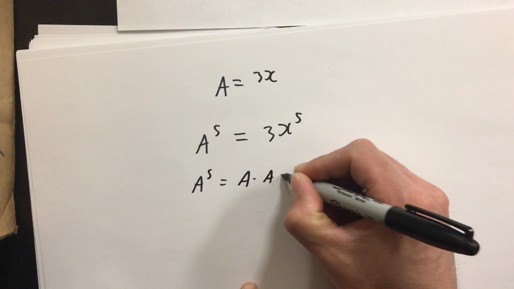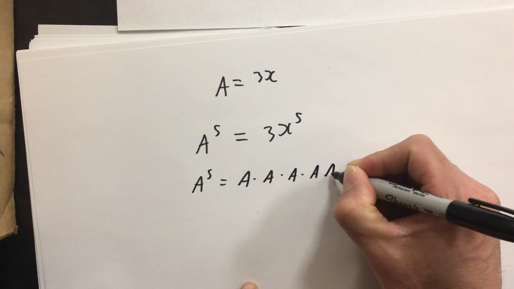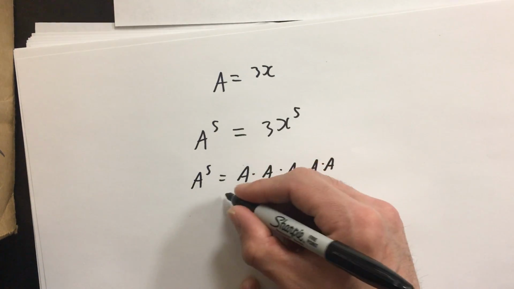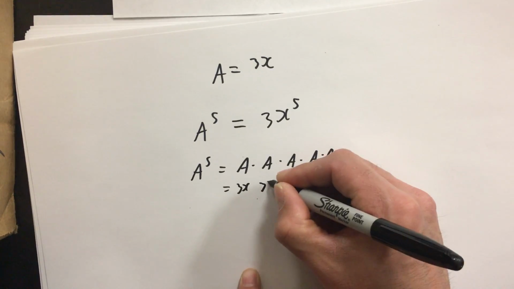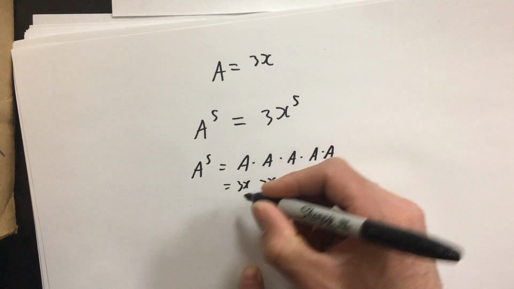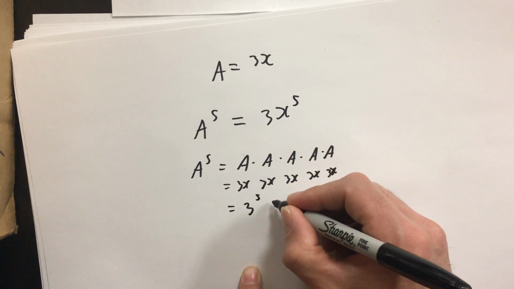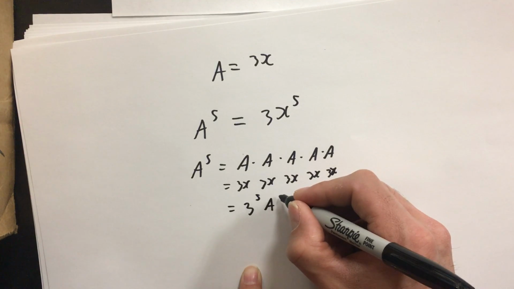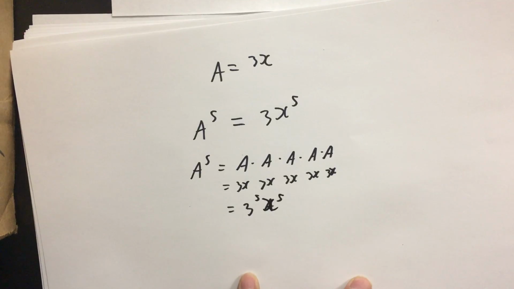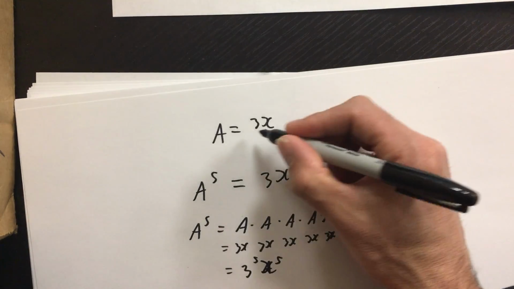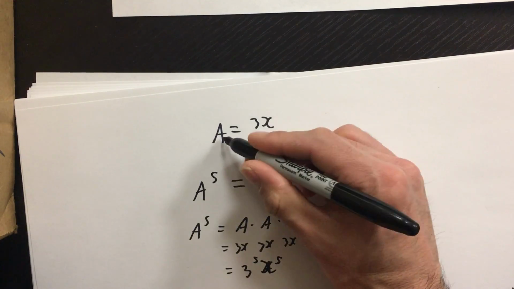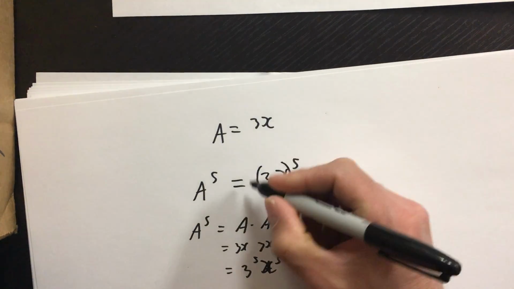The 5th power of a is a multiplied by itself, and you have 5 copies. If each of those is equal to 3x, what you really have is the 5th power of 3 times the 5th power of x. So to be clear, when we make the substitution, very carefully put brackets around the entire thing that's replacing a.